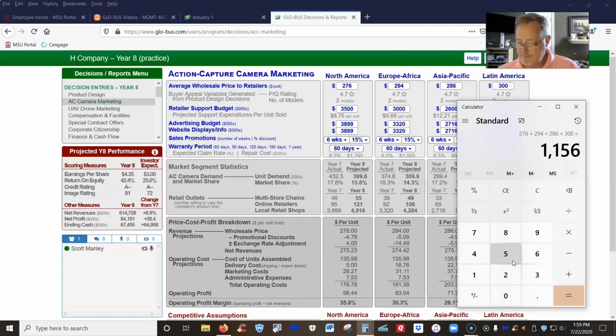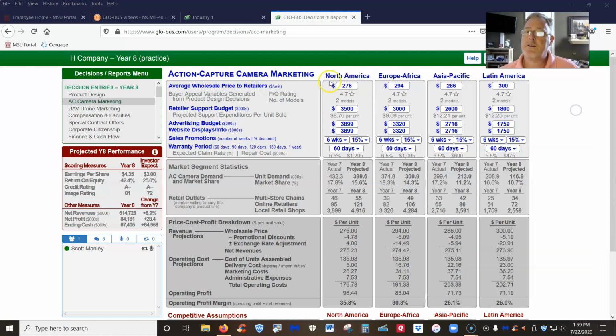My sum is 1156. So if I divide that by 4, it's 289. So if I'm shooting for an average price of 280, that means I can subtract $9 from every market. Okay, subtracting $9 in North America puts me at 267. Subtracting $9 in Europe, Africa puts me at 285.